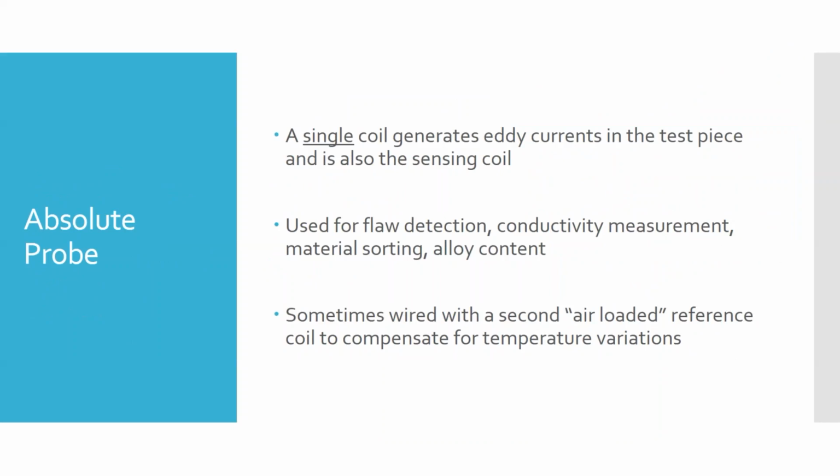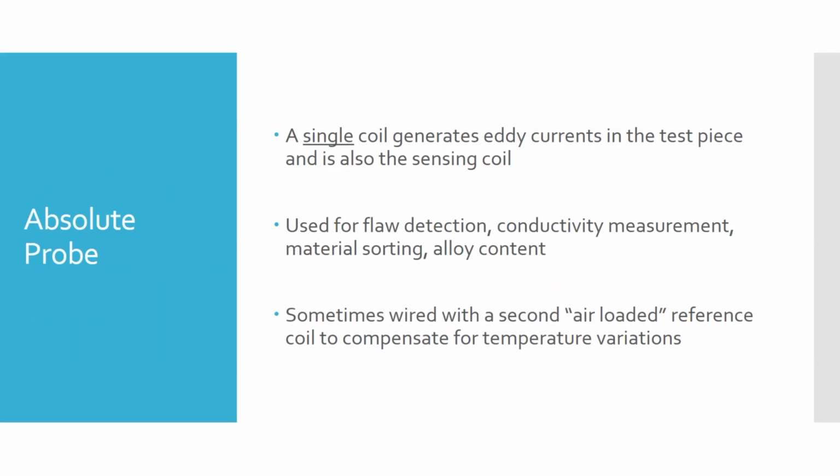They're one of the least expensive because of their simple construction. They're often used for things like surface cracks. They work really well for small surface cracks. They tend to be fairly small coils.